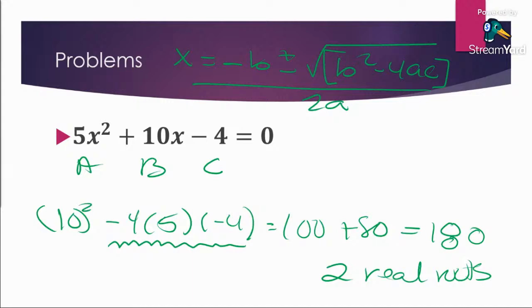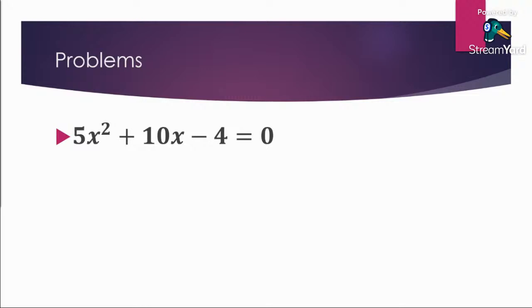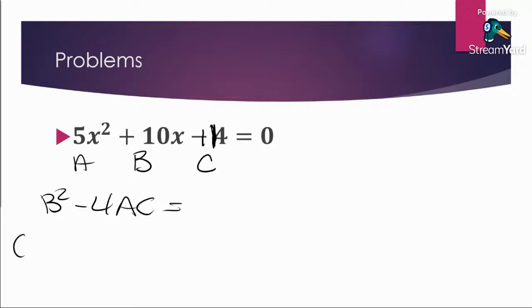Now, just to give us a little bit of context here, let's say this was a positive 14. This would still be a, this would still be b, this is still c. In that case, when we do b squared minus 4ac, we would have 10 squared minus 4 times 5 times 14.